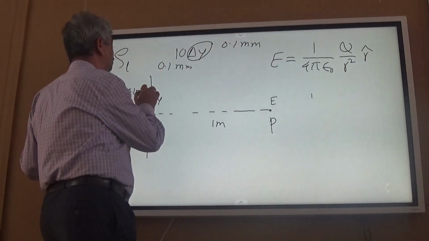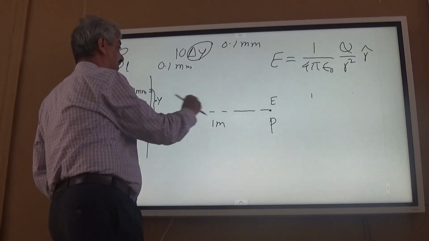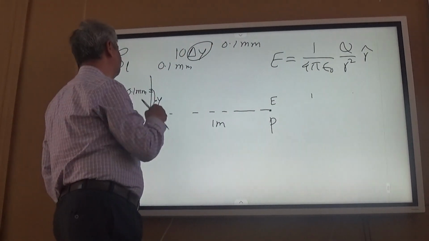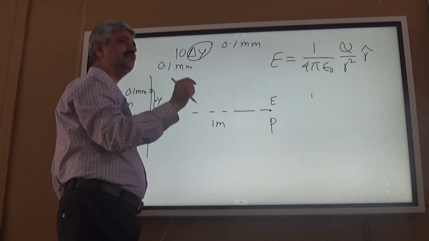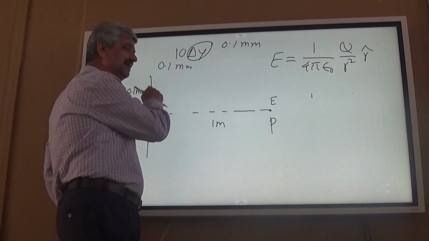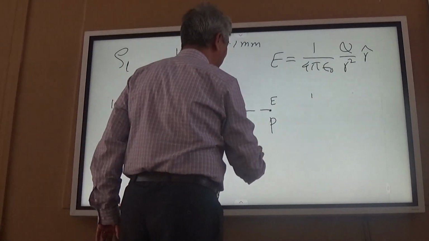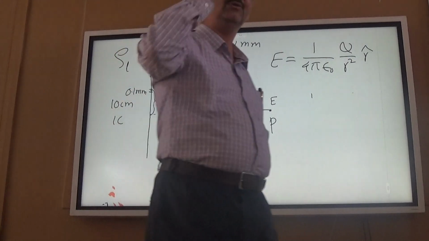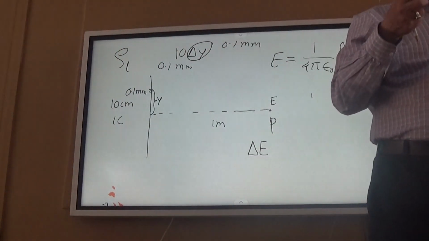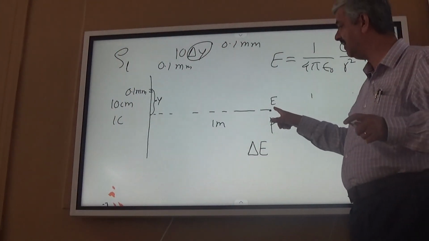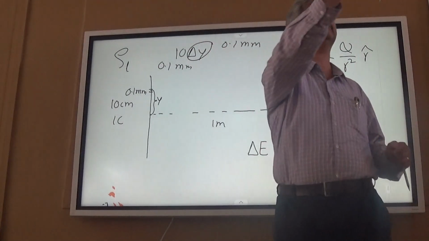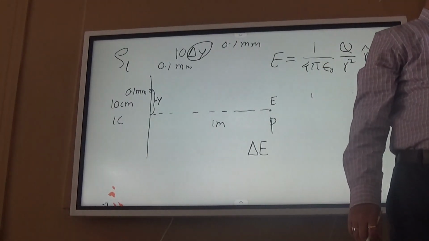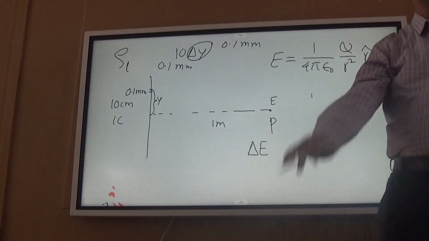I want to calculate the total electric field E because of the entire line. Now, what I am doing, I am taking a small segment of delta y at a distance y and calculating delta E. What does it mean? Calculate the electric field E at this point because of this small line segment of 0.1 millimeter. How will you calculate? I will not go any further in it. I want the answer from you.